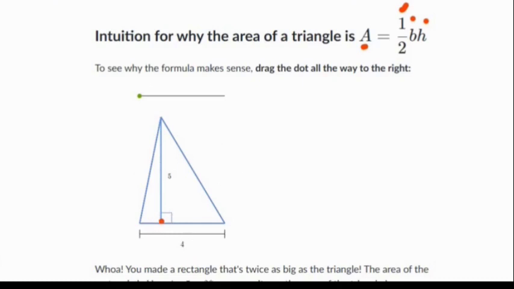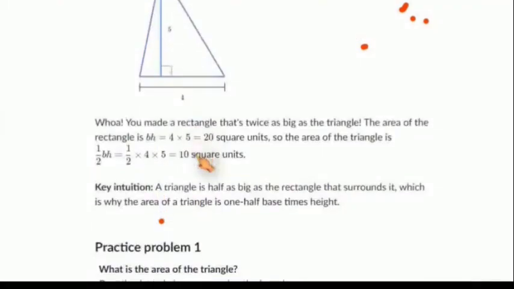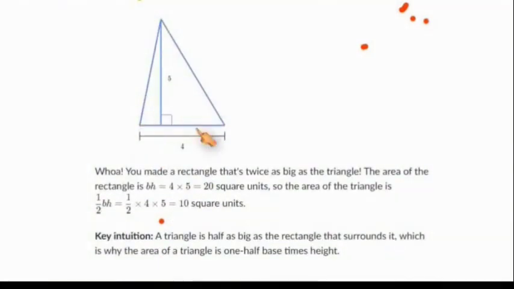For this triangle here, we can find the area by multiplying 5 times 4, and then we are going to take half of that. Like we did here, 5 times 4 is 20. So we divide 20 by 2, we get 10.